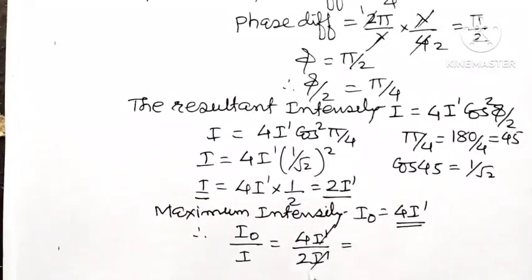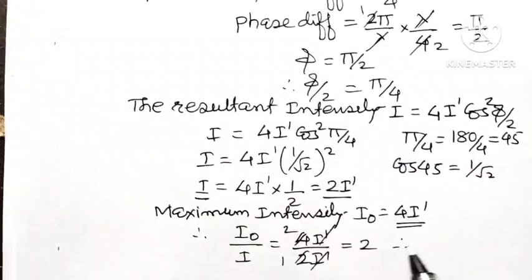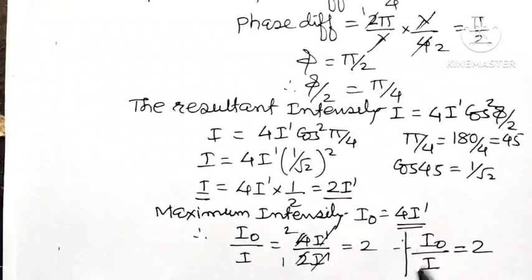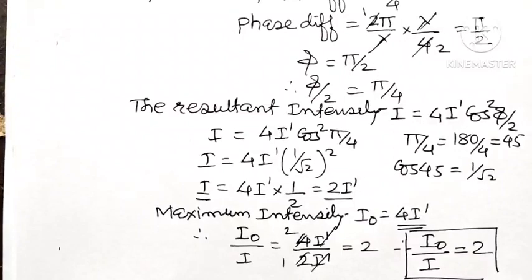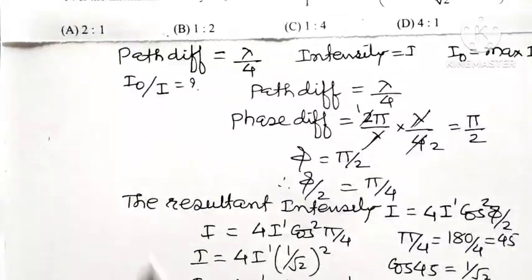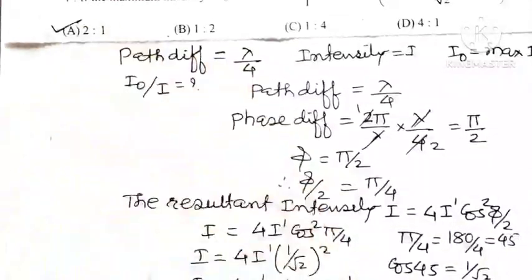I dash cancels with I dash, and 2 ones are 2, so the ratio of maximum intensity to the intensity at the given point is 2, that is 2:1. So which option is correct? Option A, 2:1, is the correct option for this question.